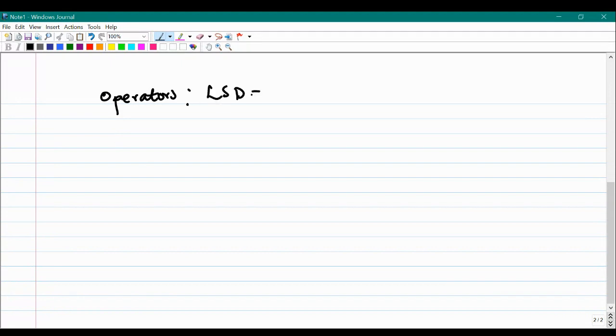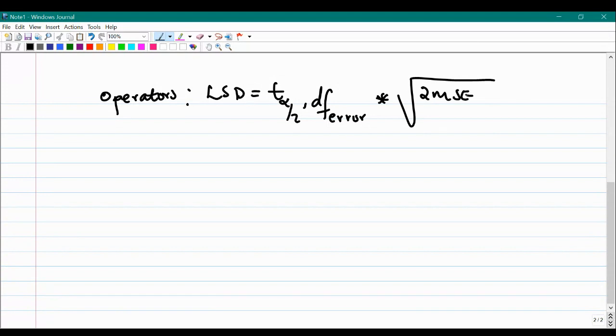The LSD for the operator is t alpha over 2 with degrees of freedom of error, multiplied by the square root of 2 MSE over what? We're focusing on the blocks now, so we divide by TR, because the one that we're focusing on won't be there. You understand?